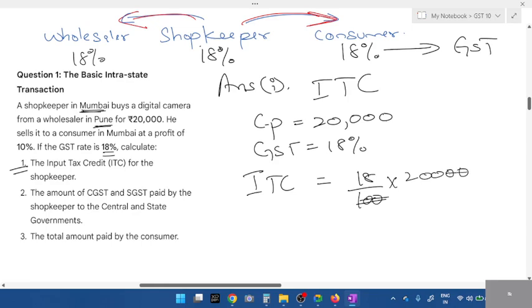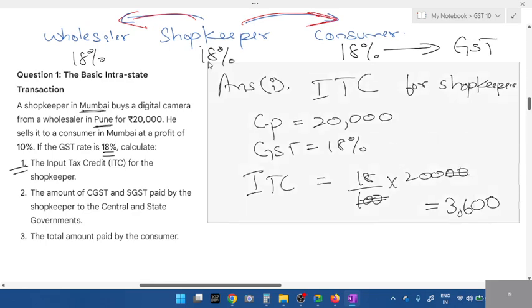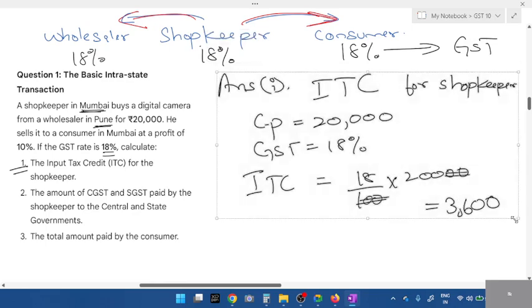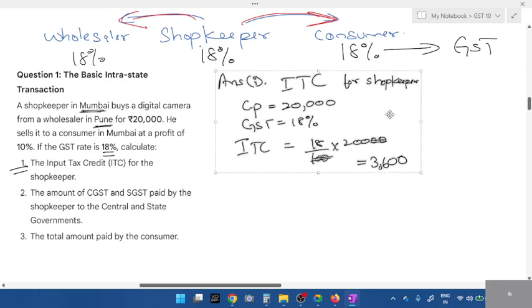Two zeros get cancelled. What's the answer, students? 3,600, right? Rupees 3,600. This is the input tax credit for the shopkeeper. Basically, he's paying this to the one he buys from. He bought it from the wholesaler. So 3,600 is the ITC, input tax credit.